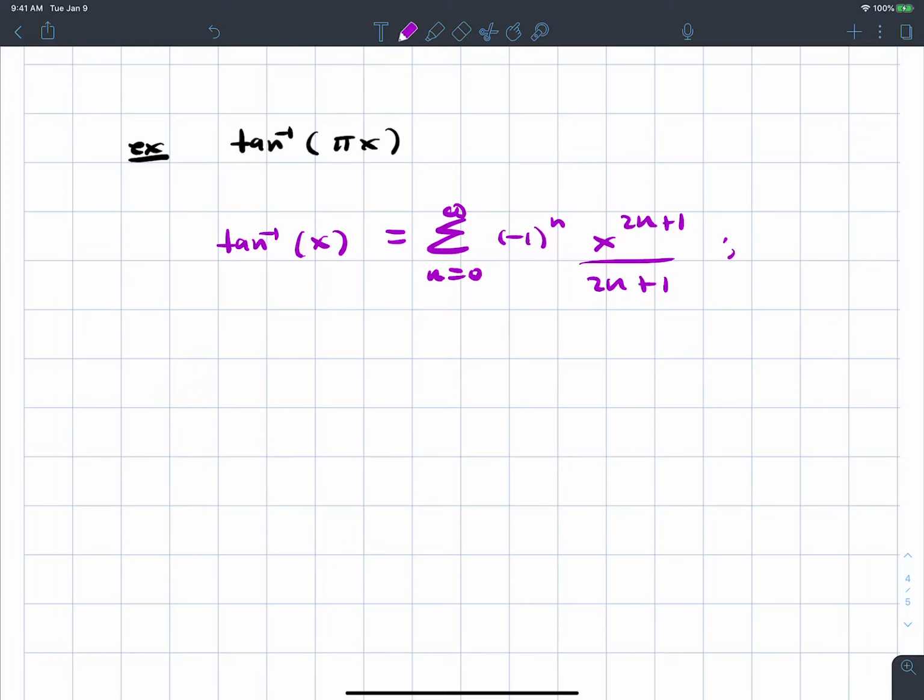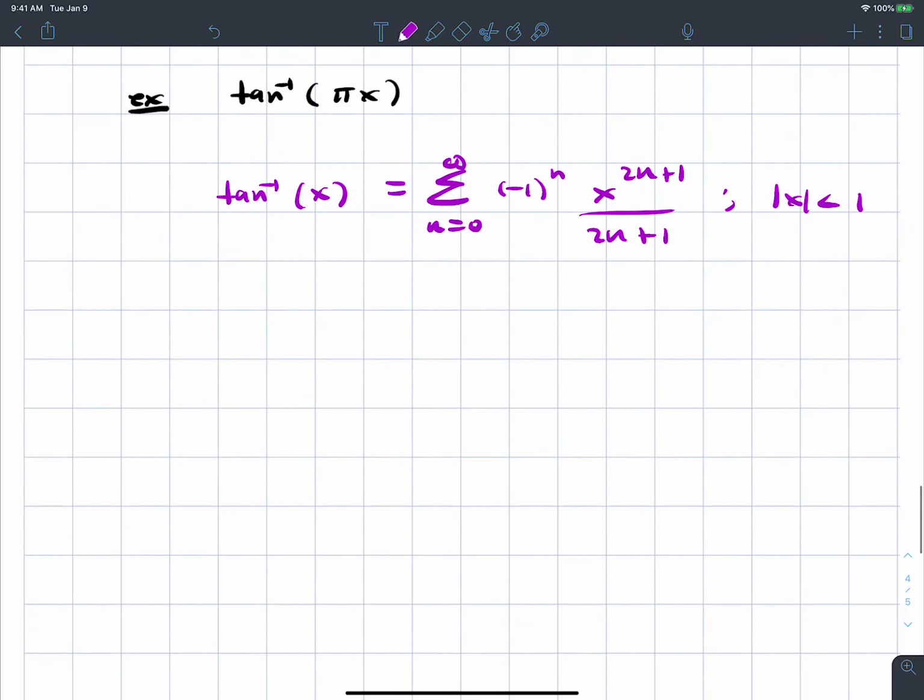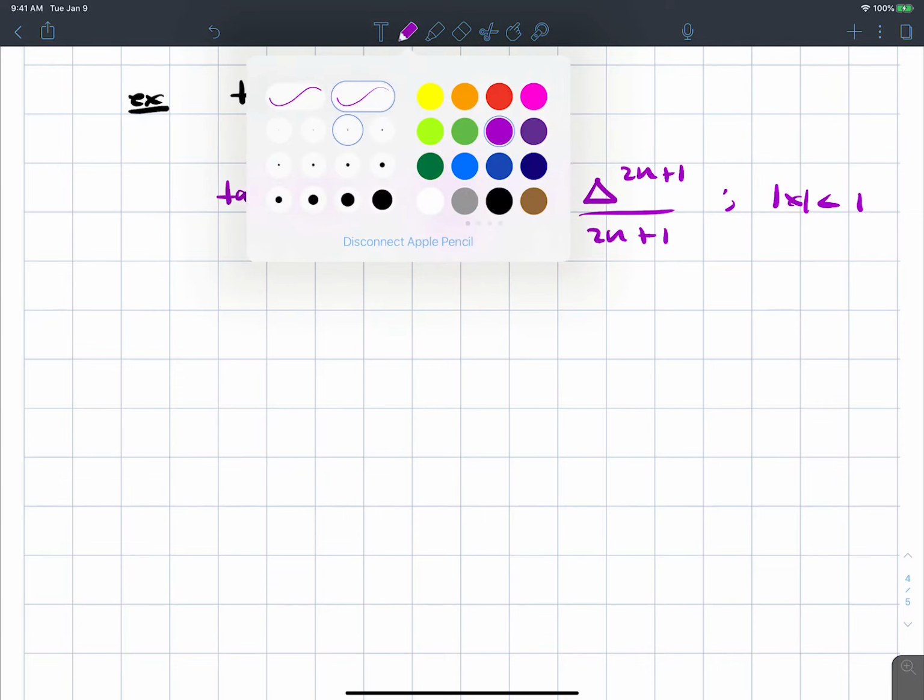And again, for the absolute value of x being less than 1, I believe. Okay, so what we're going to do now is we're going to remove that x, and we're going to put that triangle like we said earlier. And that's now a triangle here.